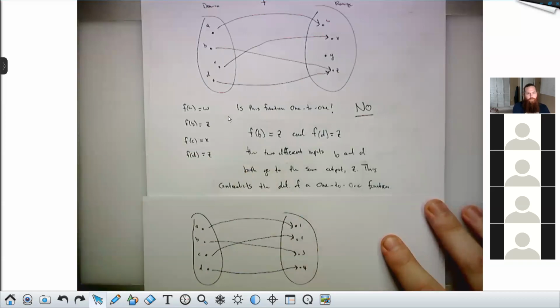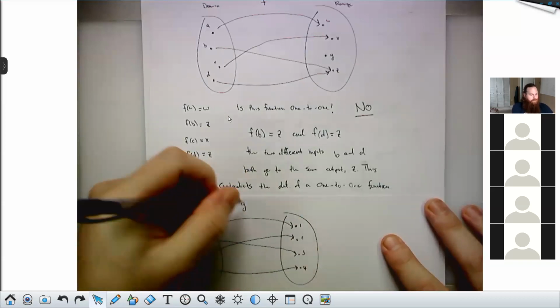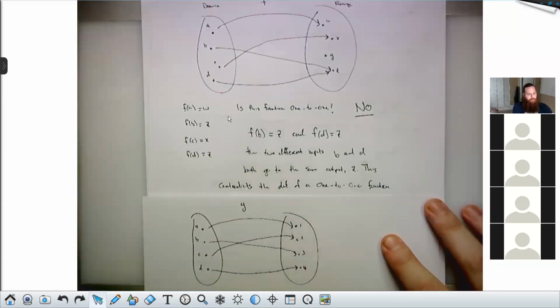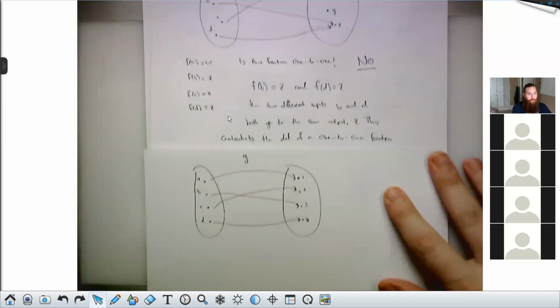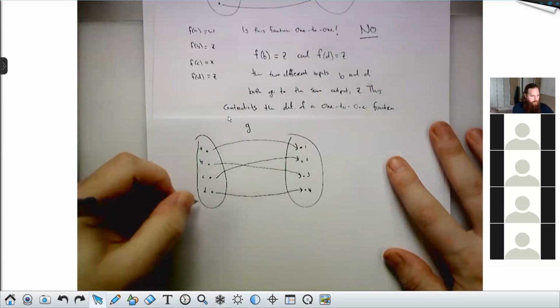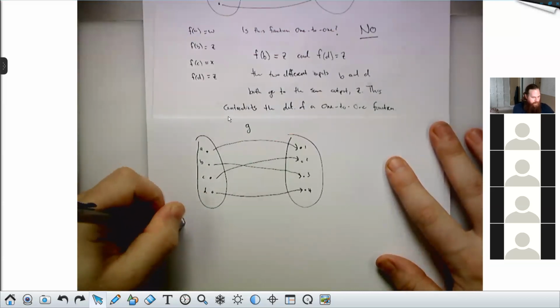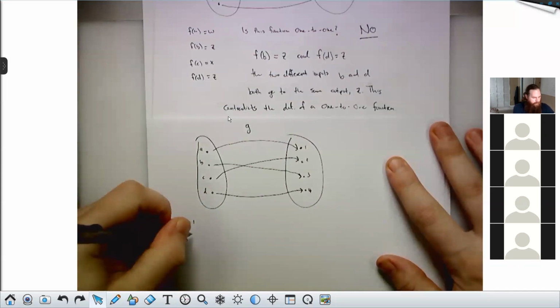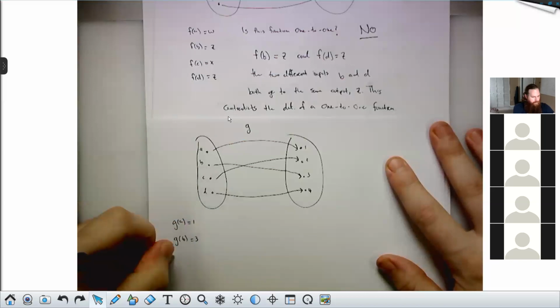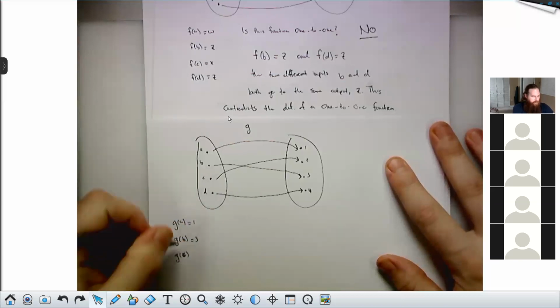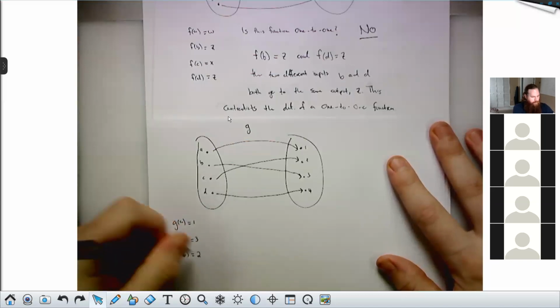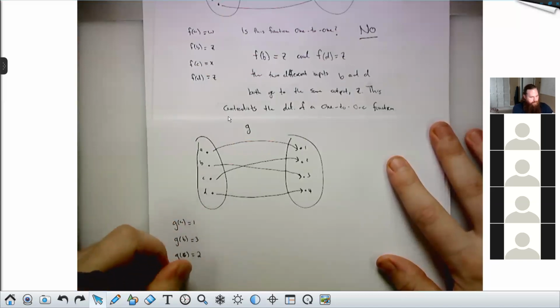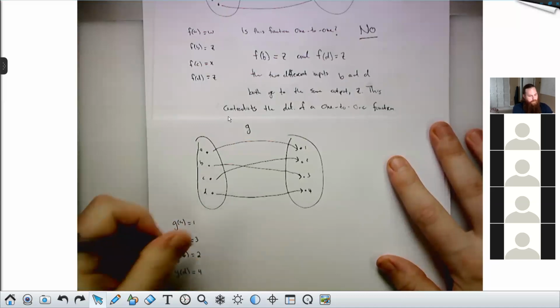Why not? Let's make life easier. I'll call this function G. So here, G of A is 1, G of B is 3, G of C is 2, and G of D is 4.